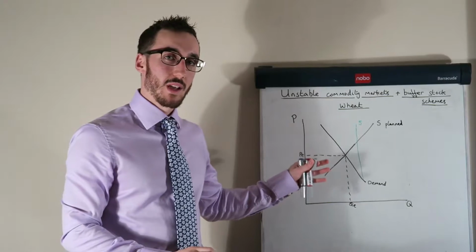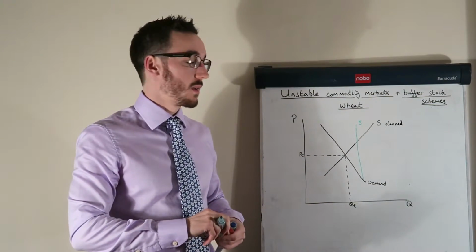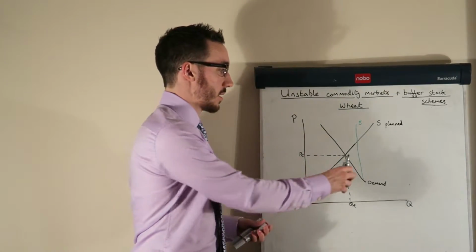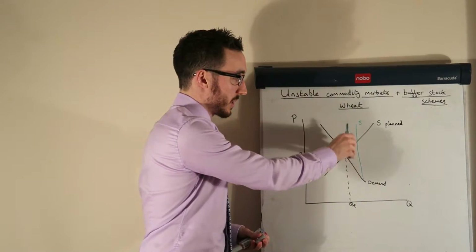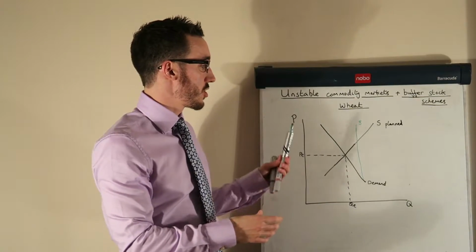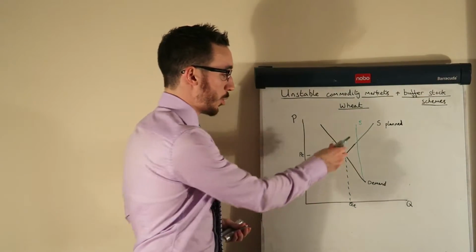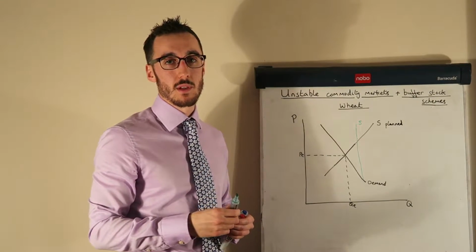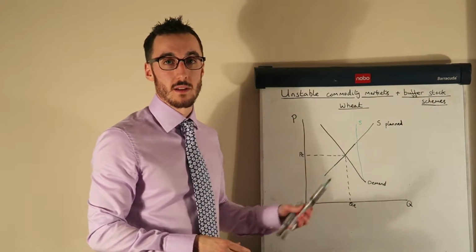So this is what we're going to be looking at now. However, for your exams, you won't need to know the straight supply line. So I'm going to stick to showing you this just using a normal shift in supply line. And that's okay to put in your exams and you will get the marks for that.